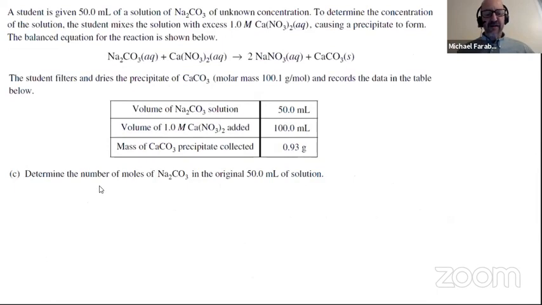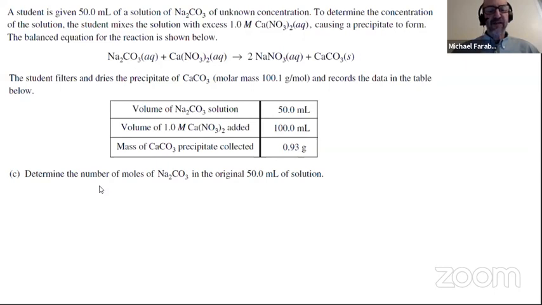All right, in our next problem, it says a student is given 50.0 milliliters of a solution of sodium carbonate, Na2CO3, of unknown concentration. And so in part C, it says determine the number of moles of Na2CO3 in the original 50.0 milliliters of solution. So how do we do that? Well, there was a reaction that took place.